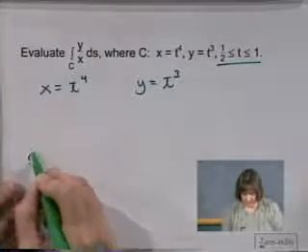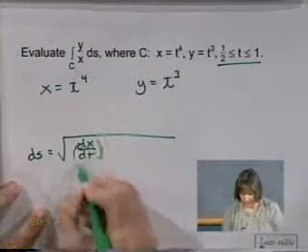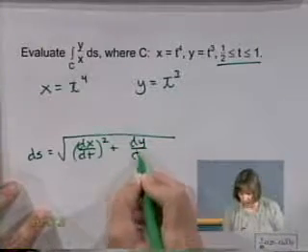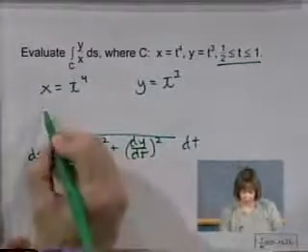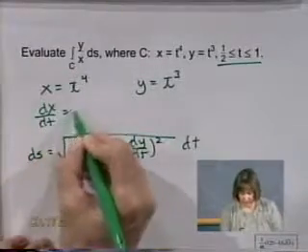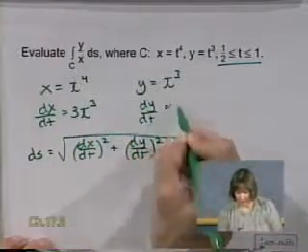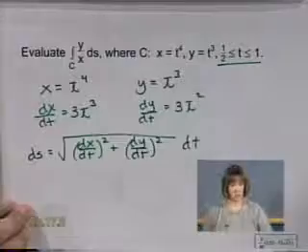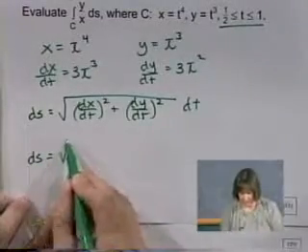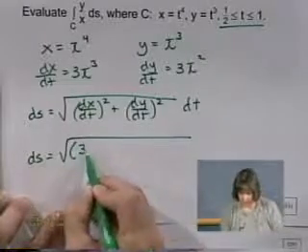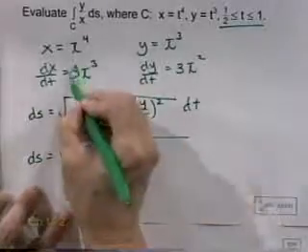Remember, ds is the square root of dx/dt squared plus dy/dt squared, with dt on the outside. Notice, dx/dt is 4t cubed, and dy/dt is 3t squared. So plugging that in, ds is the square root of, oh, excuse me, that should be a 4.